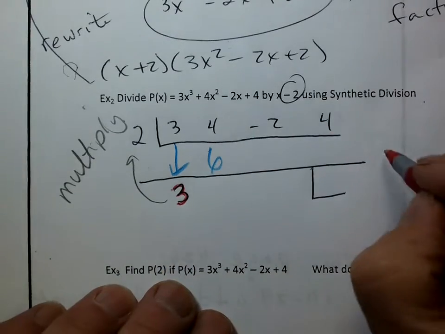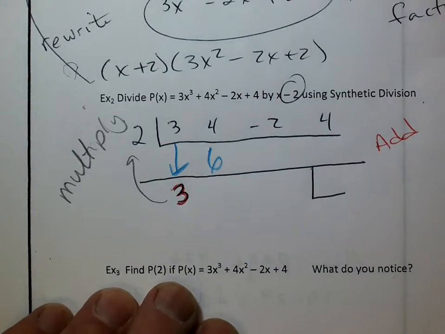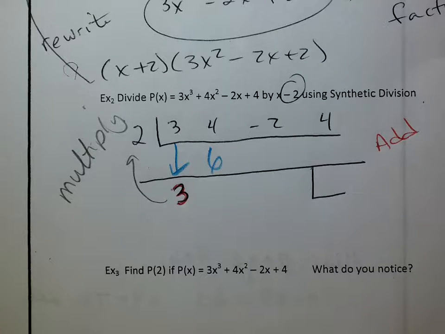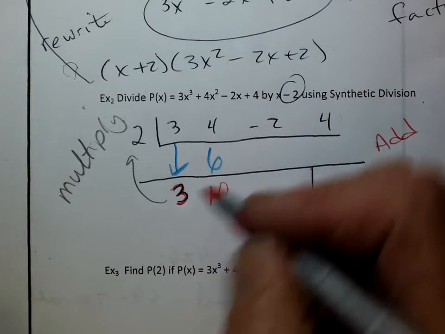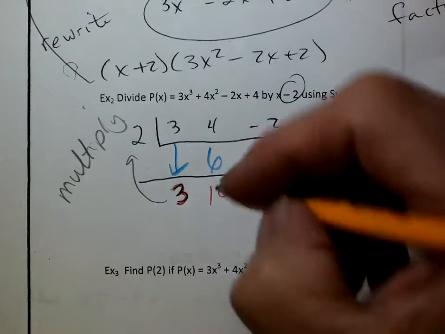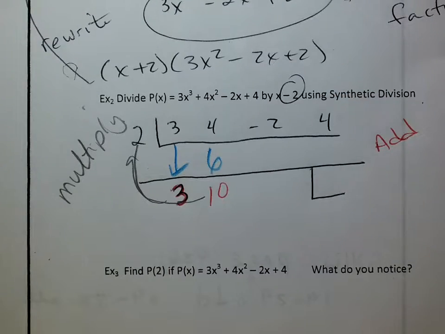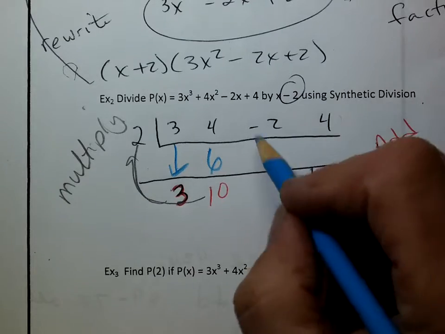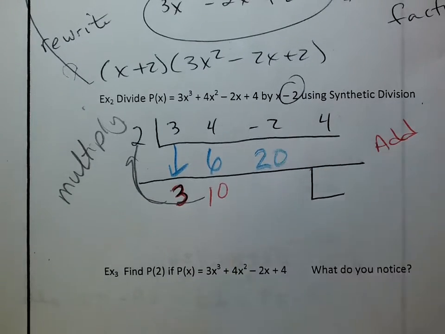This is our addition line that we're going to add, and we get a 10. Am I going too fast? Then multiply, and I get a 20. And then we add, and we get an 18.